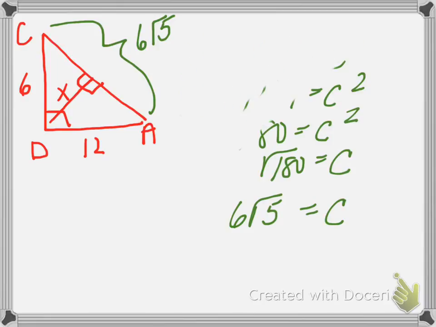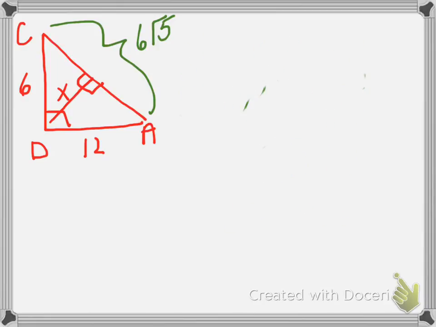Okay, so now let's see what we have. I'm going to go back to our different rules. One rule was the altitude rule, which we already spoke about. This would be the altitude, and then this would be part of the hypotenuse, and this would be the other part of the hypotenuse. We don't have any of that.